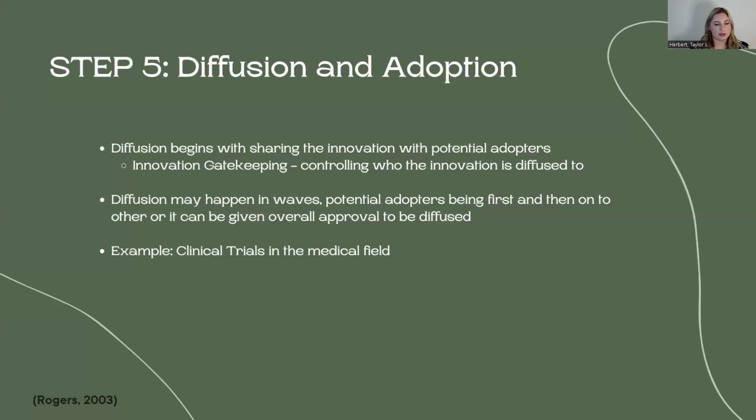Another example is the military, but clinical trials have to use innovation gatekeeping because of the risks that come with human life and testing on them and not knowing the whole consequences. So you want to start with innovation gatekeeping and then go forward, instead of just diffusing that new innovation to the whole population.